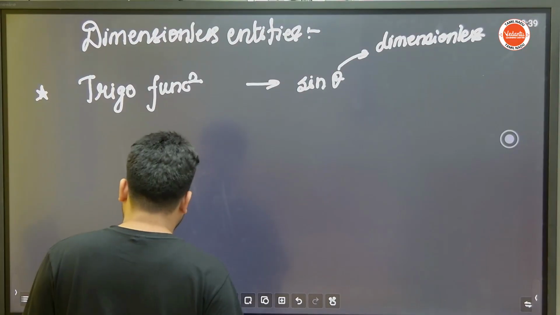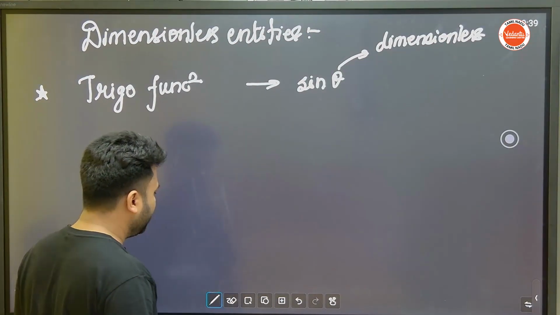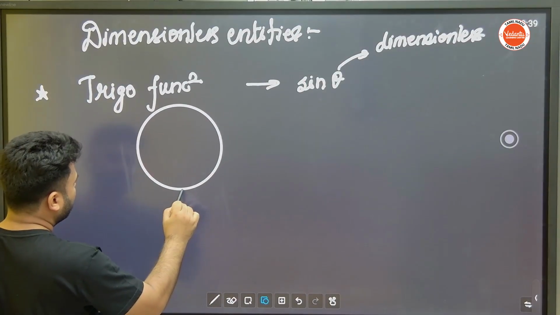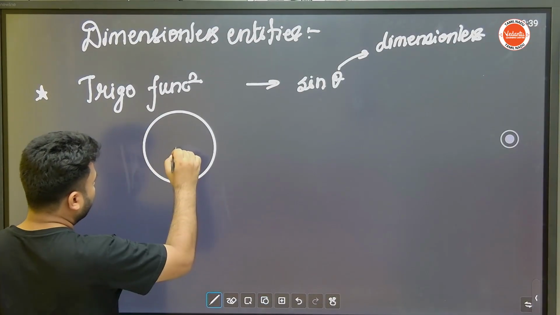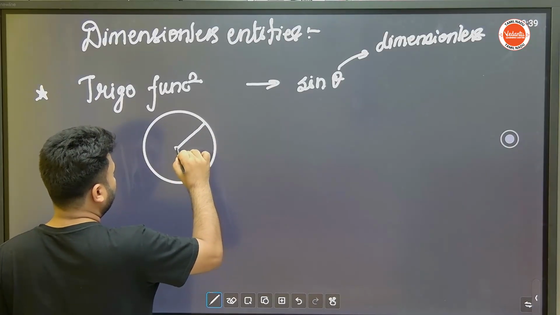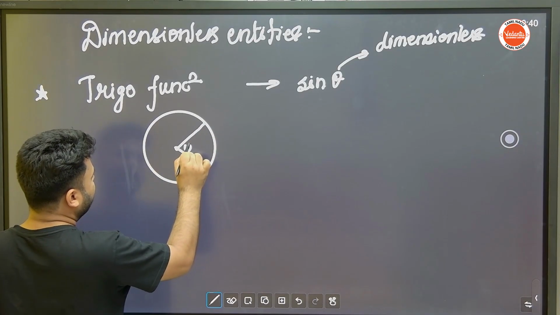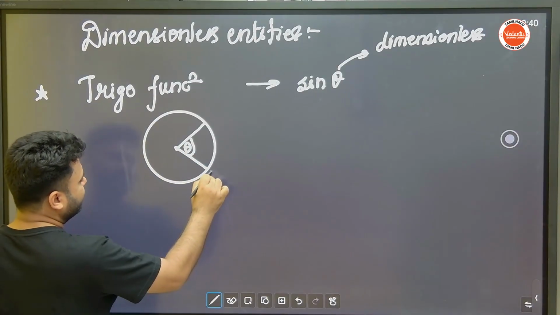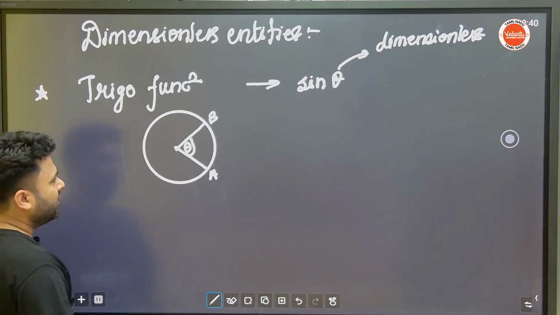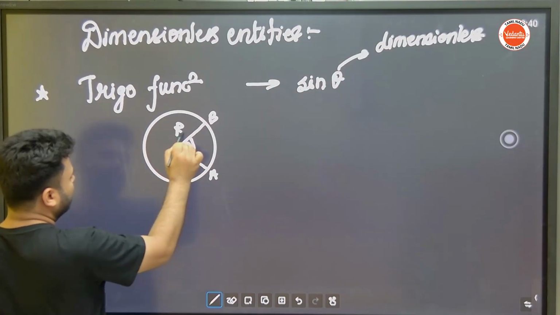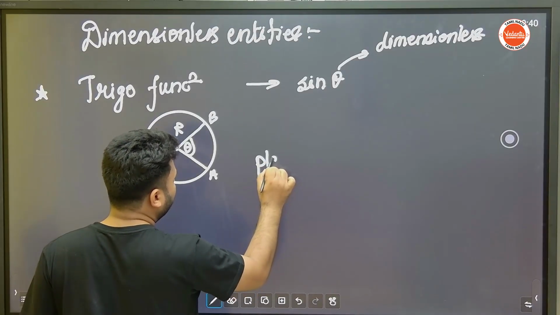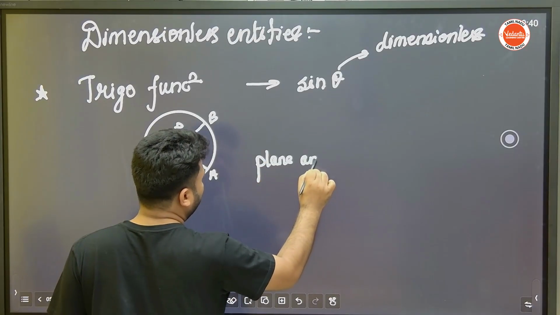See, how do we define theta? Suppose this angle is theta, this point is A, this point is B, and the radius is R. Now how do we define plane angle theta?